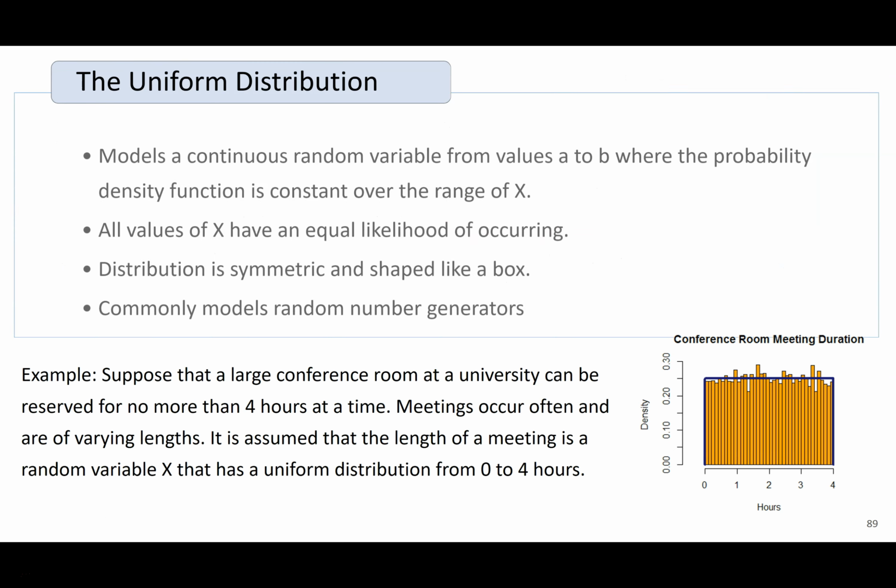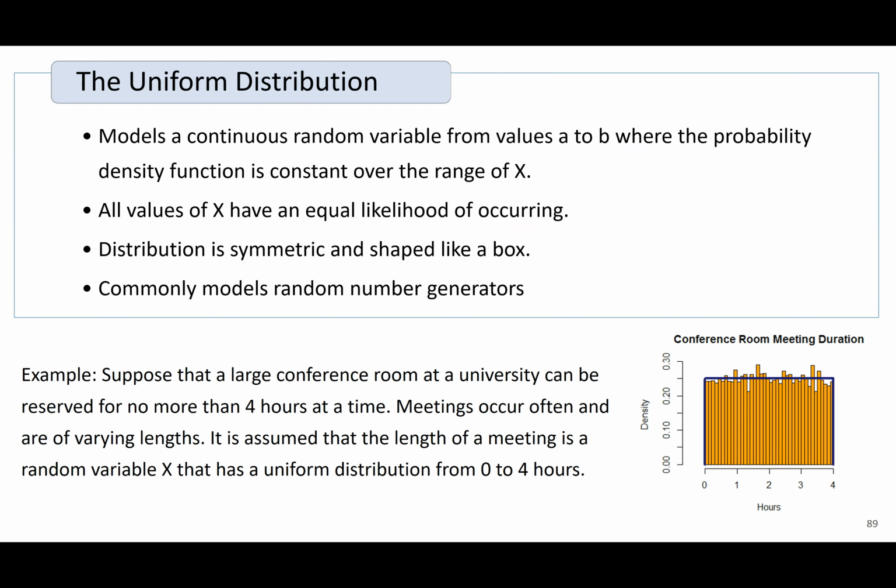So, the uniform distribution. It's the one we're going to go into first. It's what this lesson's about. We are looking at a continuous random variable from some value A to B. It is going to be a rectangle, so all of the values here have an equal likelihood of occurring.